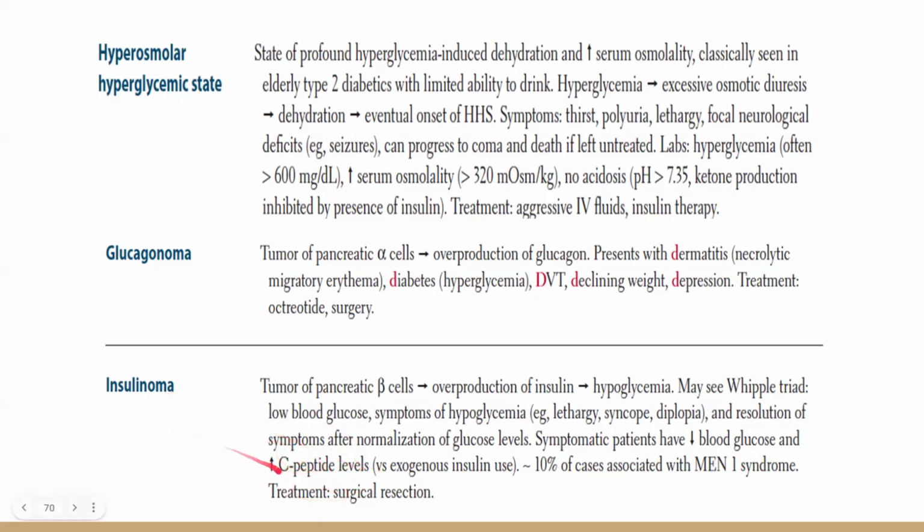In the diabetes type with insulin resistance, okay? So type 2 diabetes. 10% of cases are with MEN 1 syndrome, that's multiple endocrine neoplasia basically, okay? And the treatment is surgical resection. So whenever there's a tumor, surgery is important so that you can remove the tumor, okay?